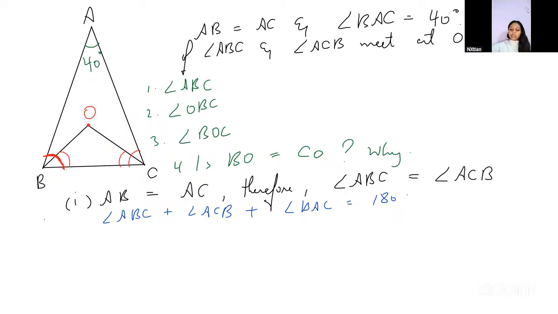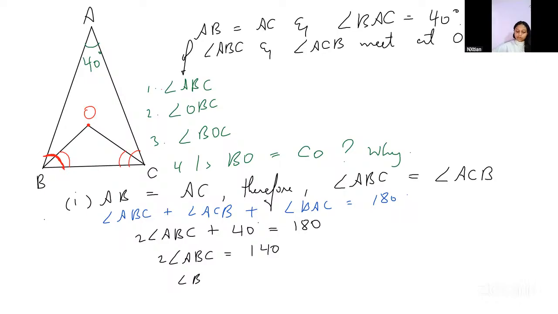Now, since ABC and ACB are equal, I can write 2 angle ABC plus 40 degrees, BAC, equals 180. Now 2 ABC is equal to 180 minus 40, 140. Angle ABC will be 140 divided by 2. How much? 70. ABC is 70.